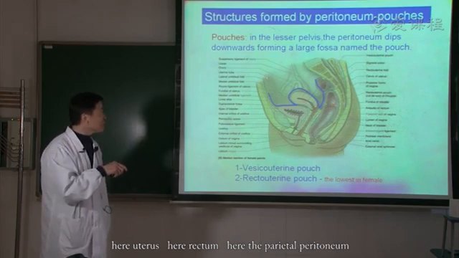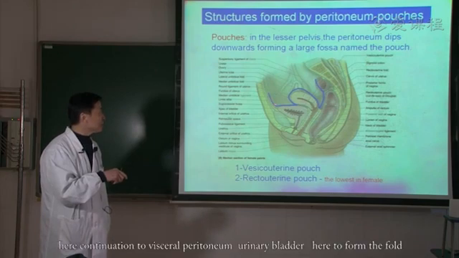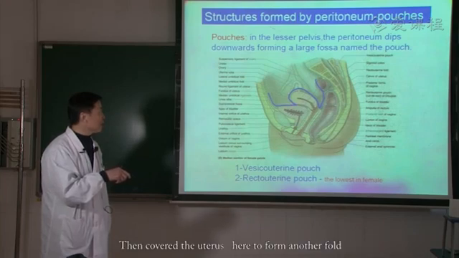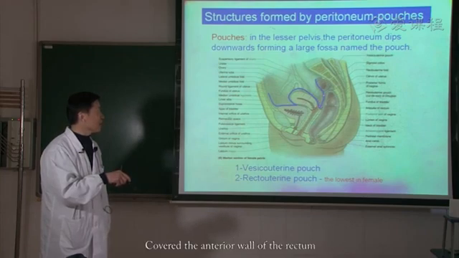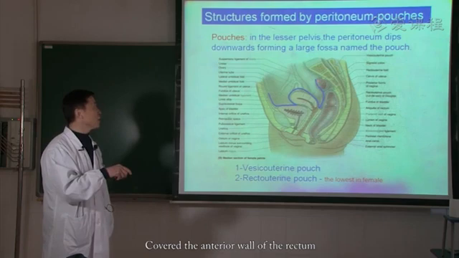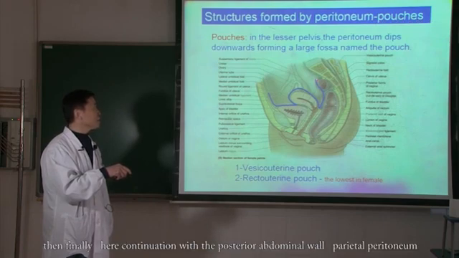Here the parietal peritoneum is continuous with the visceral peritoneum on the surface of the urinary bladder. Here it forms a fold and covers the uterus, here another fold to cover the anterior wall of the rectum. Then finally, here it is continuous with the posterior abdominal wall.